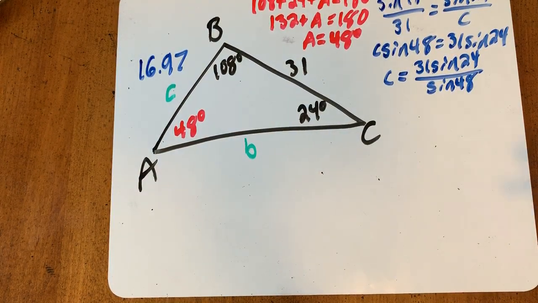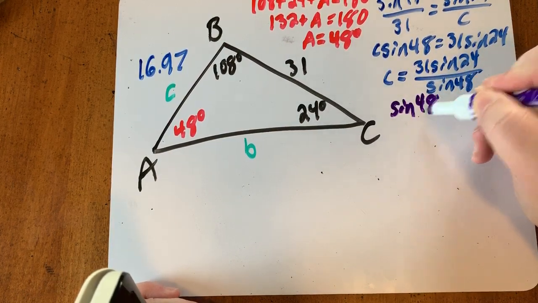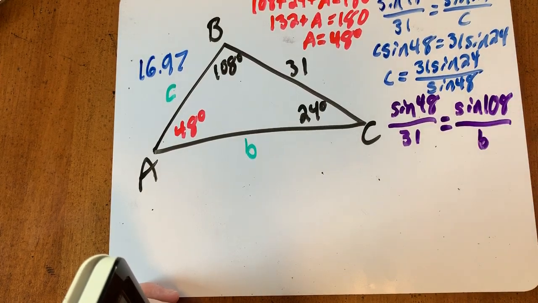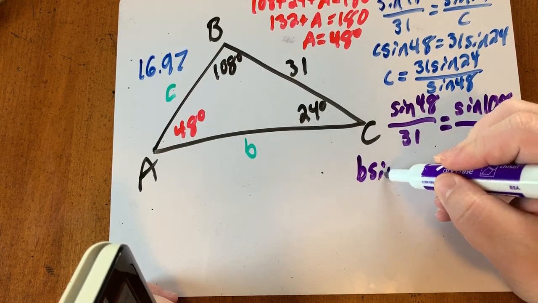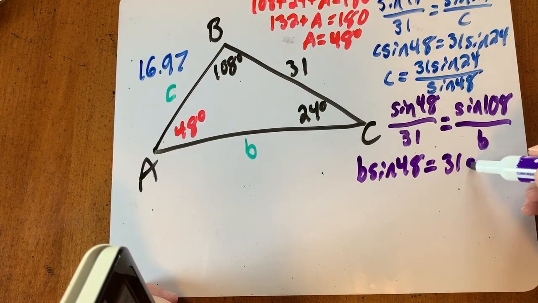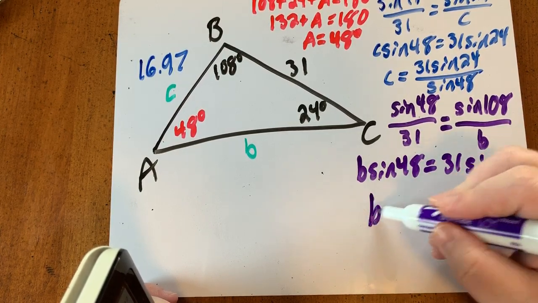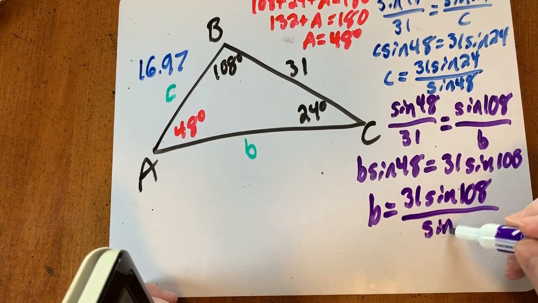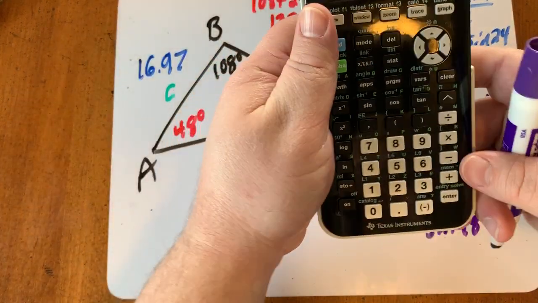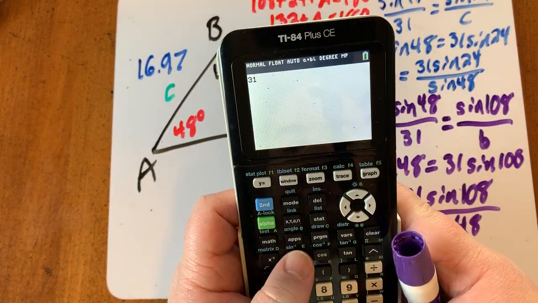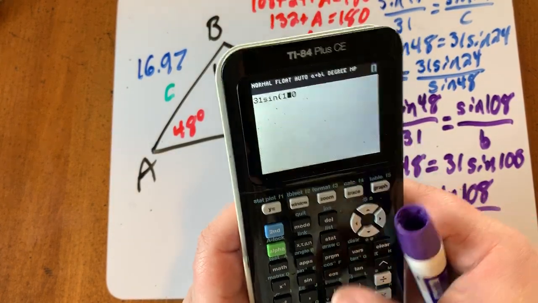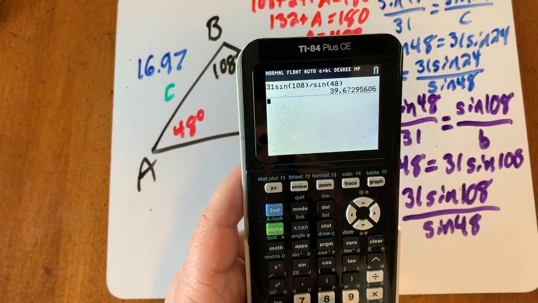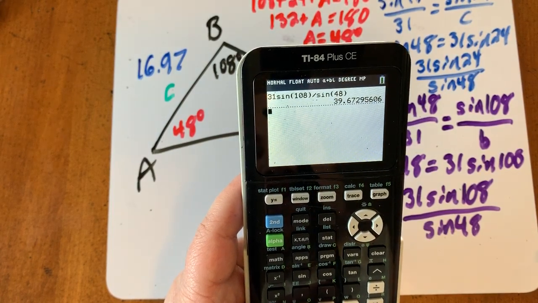So sine of A over A, sine of 48 over 31 equals sine of B over B, cross multiply, divide, and then we use our calculator. 31 sine of 108, oops, not 180, divided by sine of 48. So 39.67.